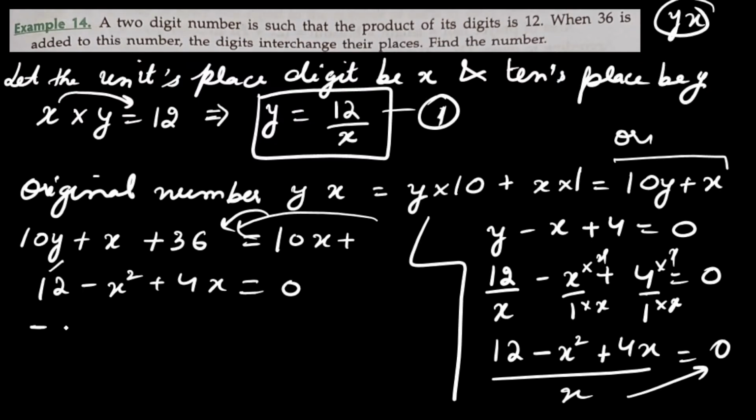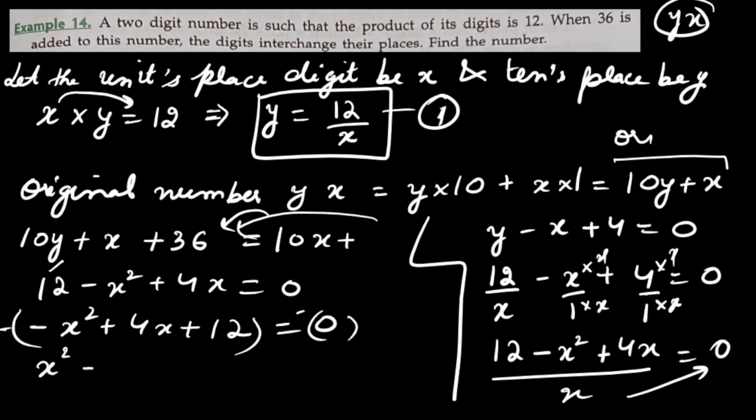Now I'll rewrite it in standard form: minus x square plus 4x plus 12 equals 0. I am multiplying both sides by minus because I want the x term positive. So this will become x square minus 4x minus 12 equals 0.